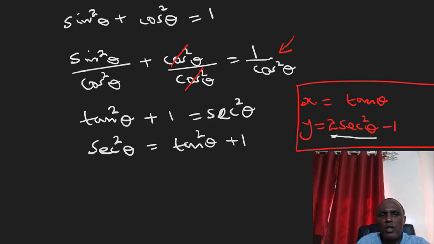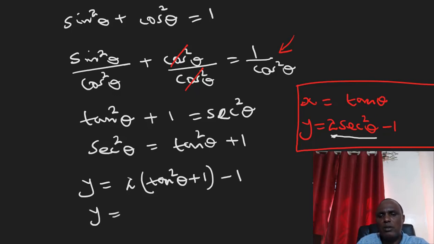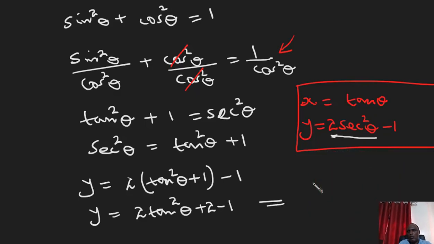Therefore, the equation becomes y is equal to 2, we replace sec squared theta with tan squared theta plus 1, then minus 1. Therefore, it becomes y is equal to 2 tan squared theta plus 2 minus 1, which now becomes y is equal to 2 tan squared theta plus 1.